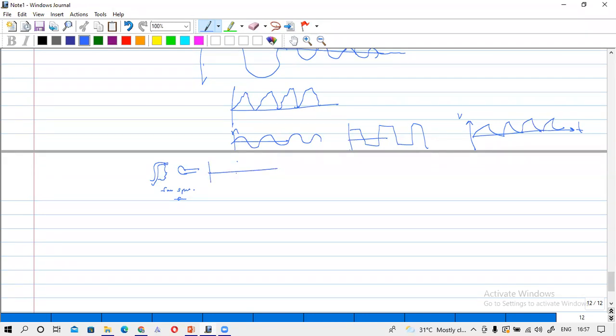it also generates a repetitive signal at the output of the microphone. That signal may be complex like this, but again it is repeating. You can see that this voltage level is repeating here, here, here, and this voltage may be repeating here, here, likewise.